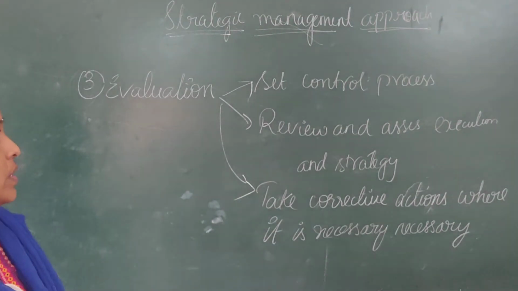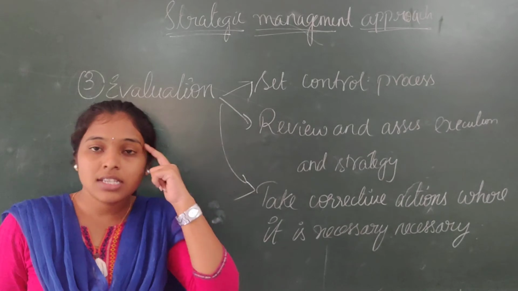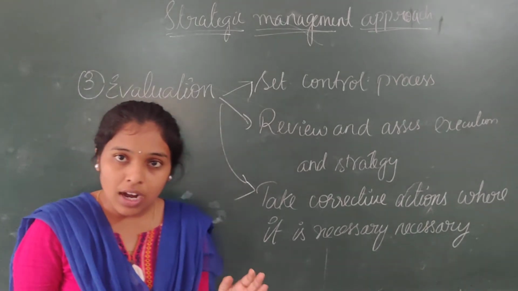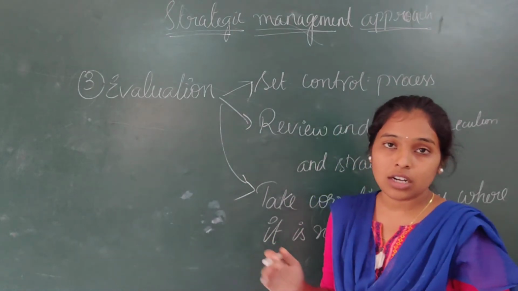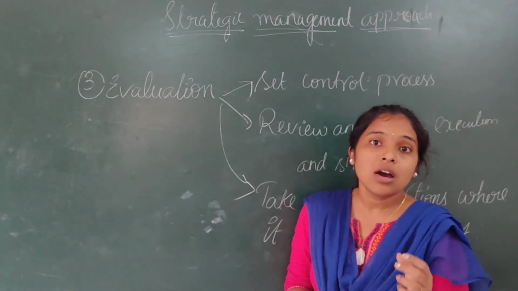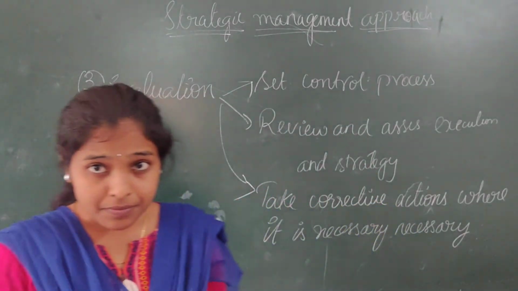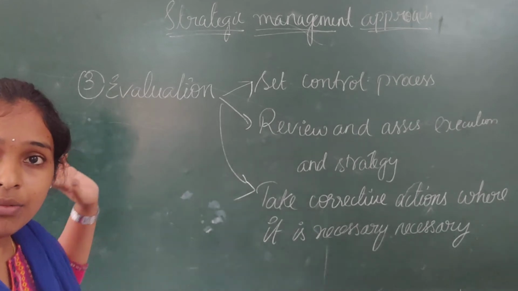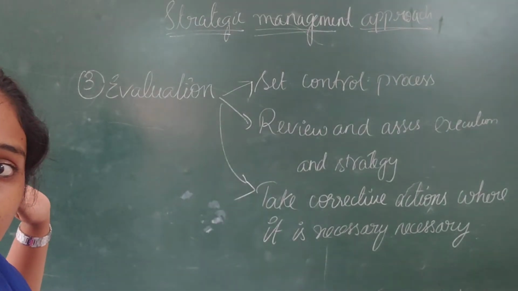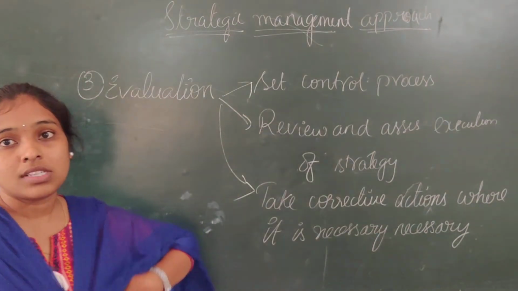In this evaluation we have a set control process. Another strategy is to control the employees. Why? Because without controlling there won't be a proper systematic manner. So here, set a control process.